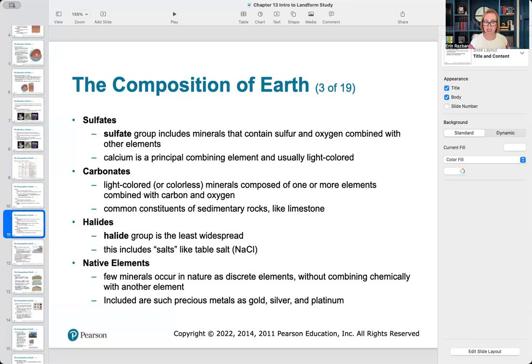The White Cliffs of Dover in England are massive deposits of calcium carbonate. Number 6 is halides. These are salty minerals like halite, which is table salt. And number 7 are native elements, minerals that occur as discrete, uncombined elements like gold, silver, and copper.